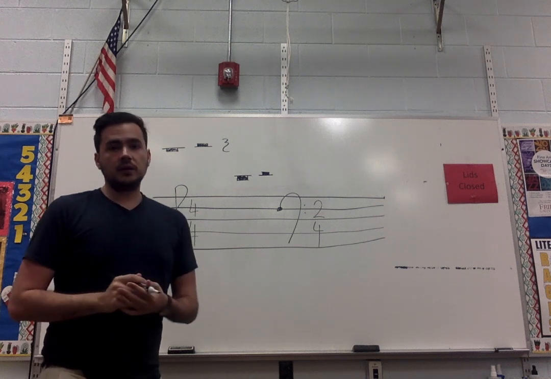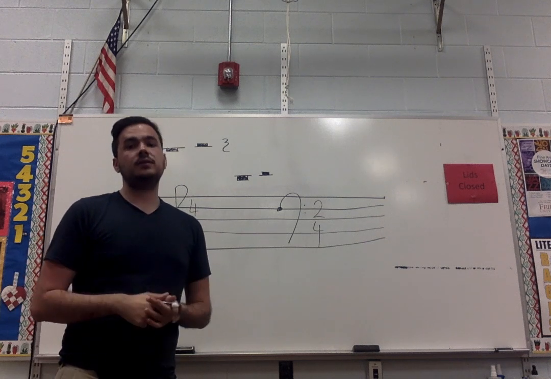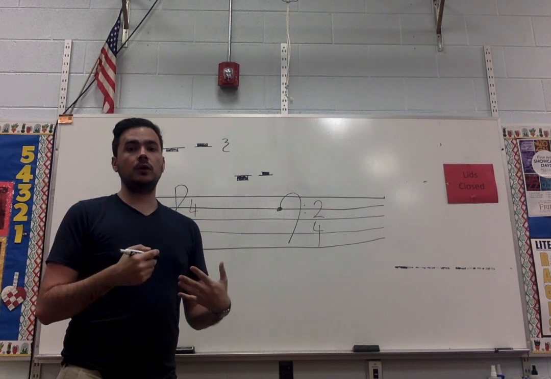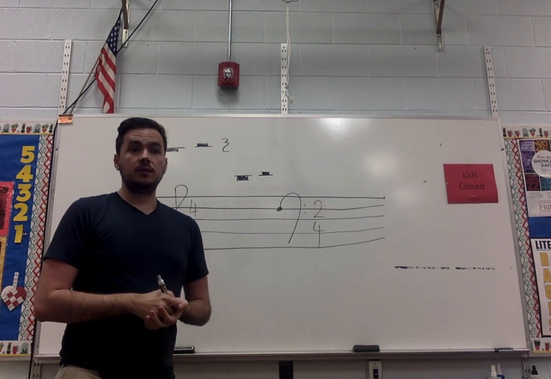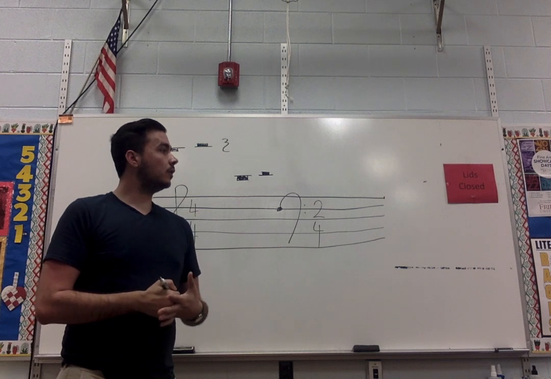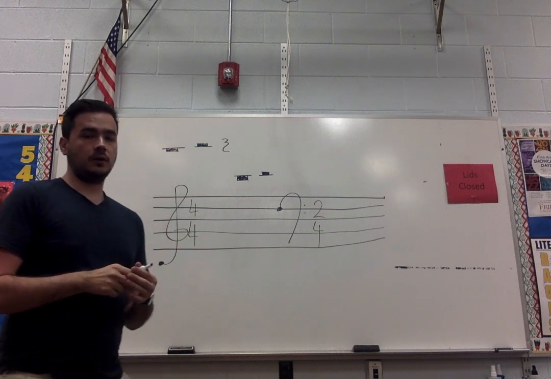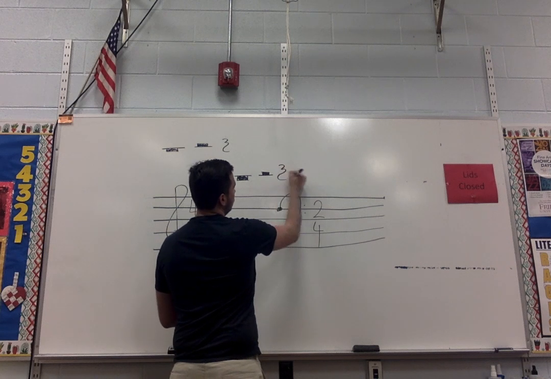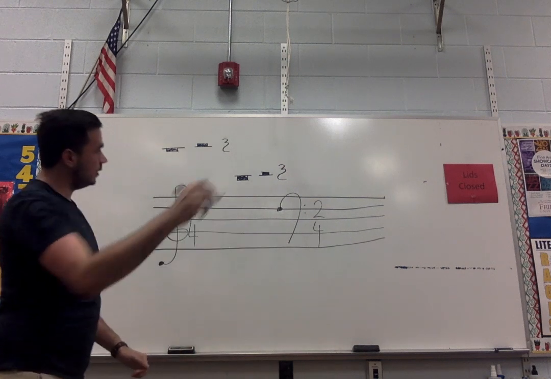Then the third rest that we're going to talk about is called a quarter rest. That has the exact same worth as a quarter note. It's just silence for that quarter note instead of the actual quarter note. I draw this by drawing a 3 and then drawing a little loop underneath the 3.